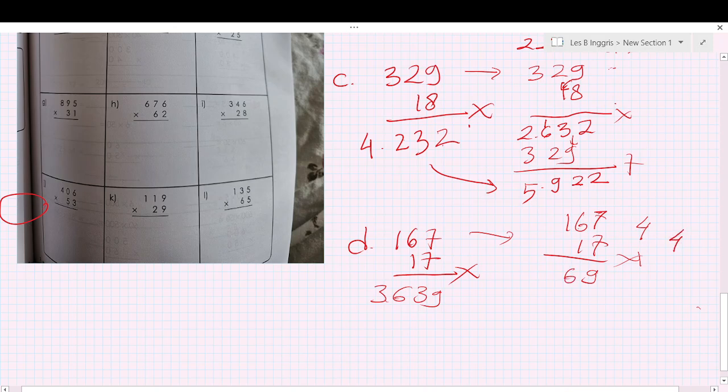Keep the 4 beside. And add the 7 with the 4, you got 11. So from the ones you got 1,169. Move the 100 down, because the 1 times 100, you got the number itself.